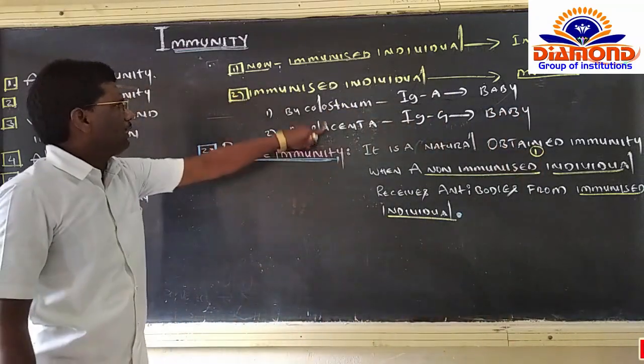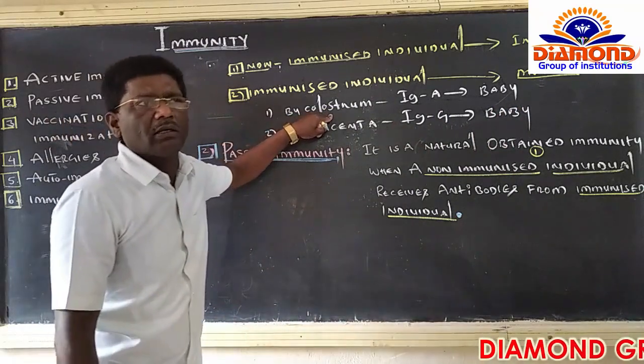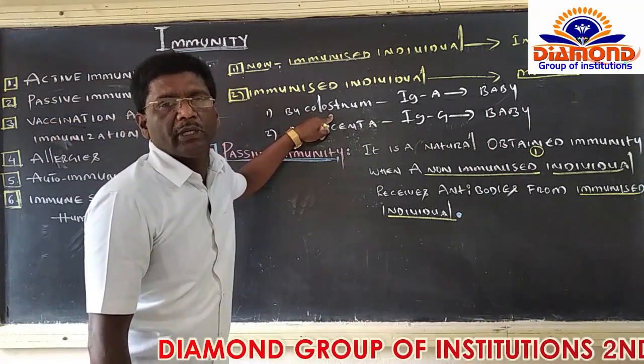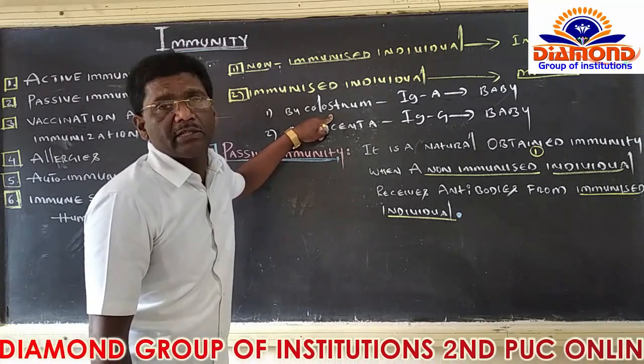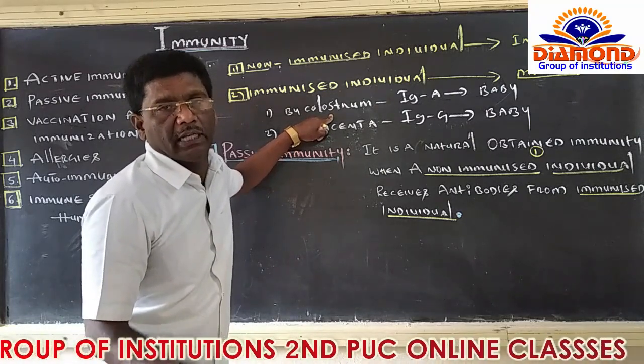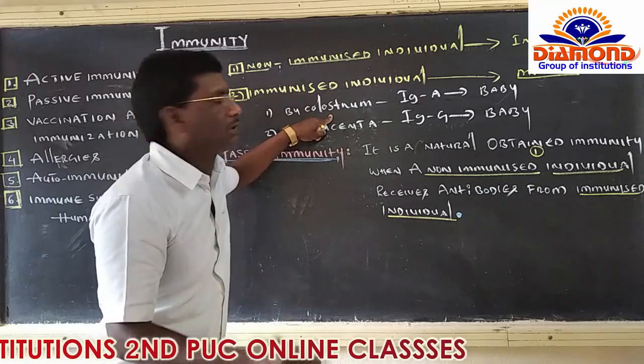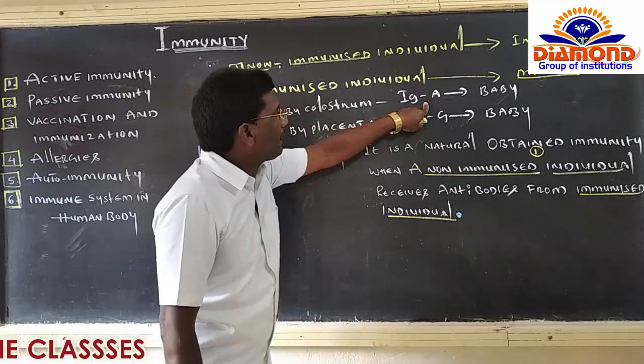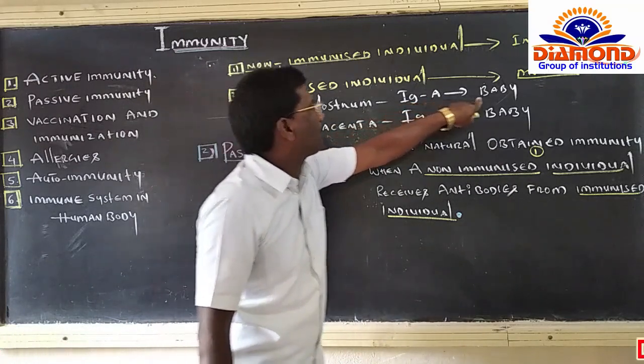Have a look here. Colostrum means what? A light yellowish fluid produced during the initial days of lactation, right after delivery, right after childbirth. In the mother's milk, IgA, immunoglobulin A, is present.